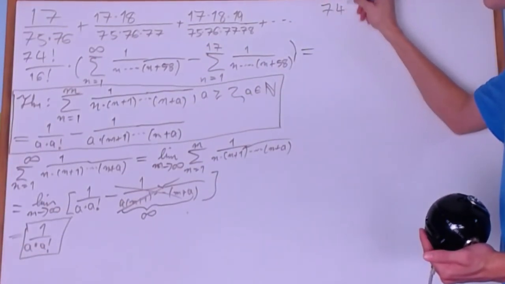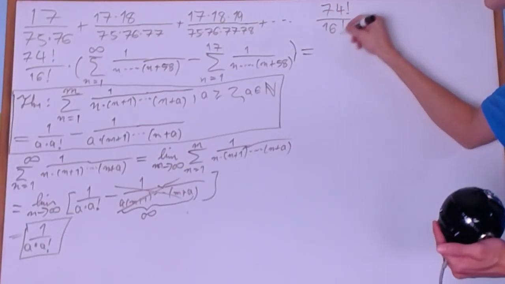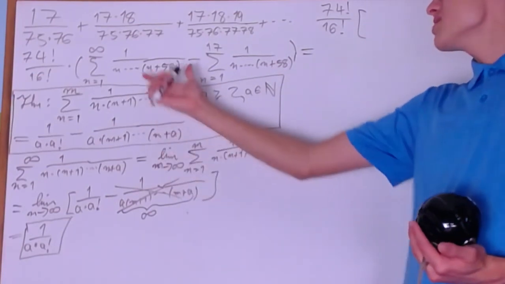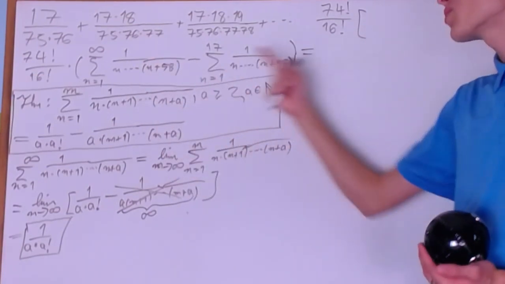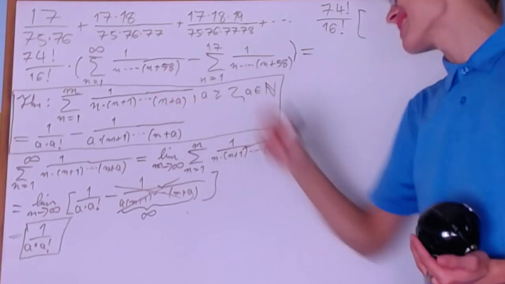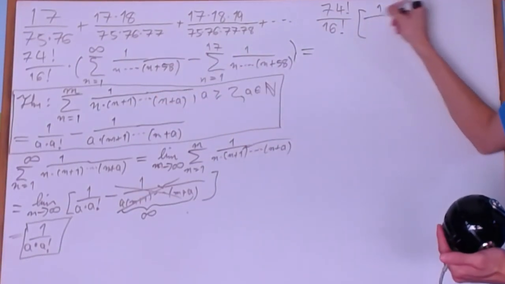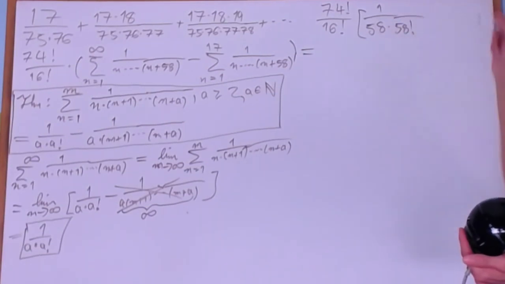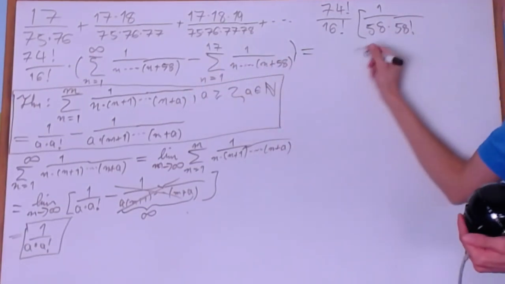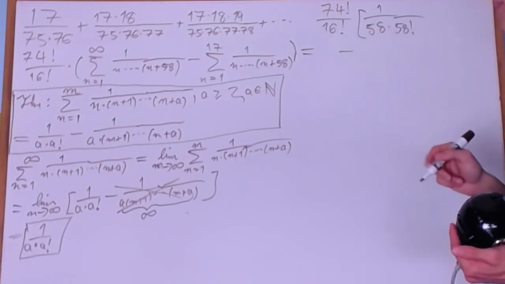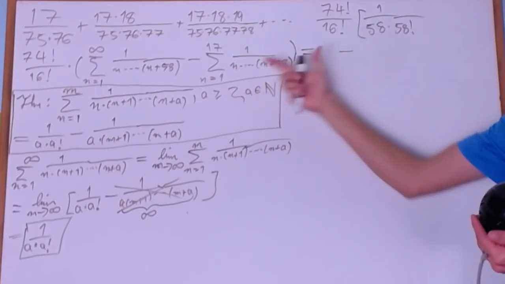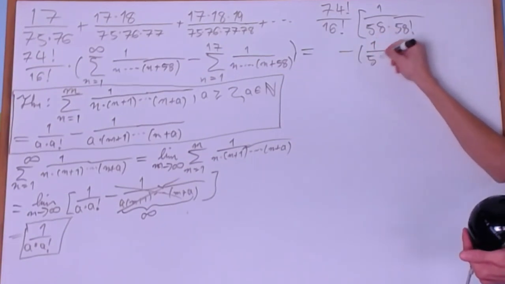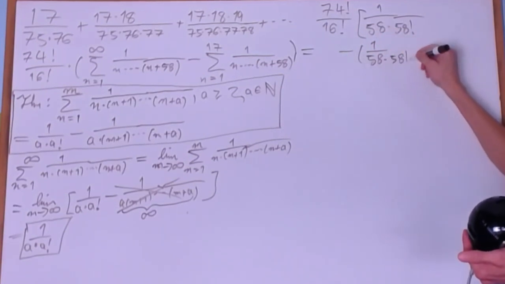So we get 74 factorial over 16 factorial. This sum from n equals 1 to infinity is the case where a is equal to 58. And so we have 1 over 58 times 58 factorial. All right? Then we have to subtract off this one right here. A is still 58, so it's 1 over 58 times 58 factorial.